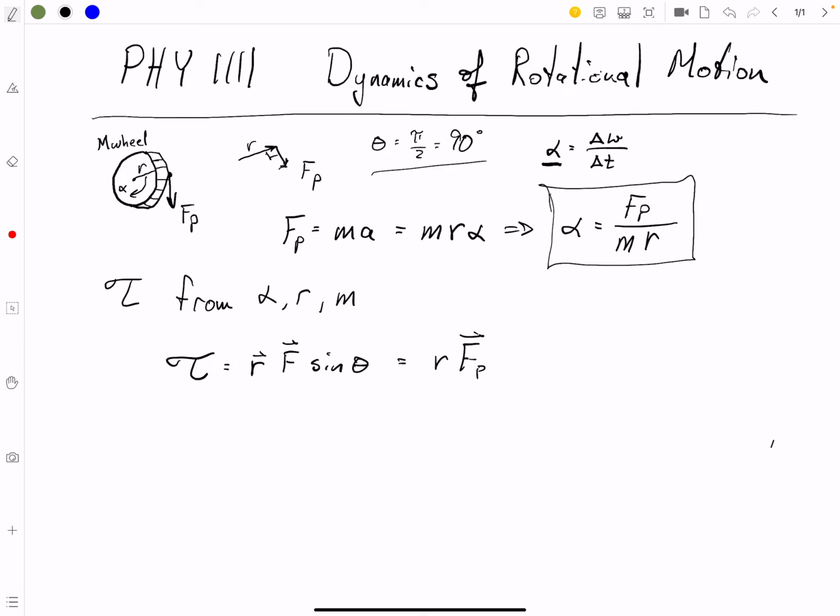So there's our force of the person. Our radius times the force of the person equals our radius times m times r times alpha. So really, our torque is equal to m r squared alpha. That is pretty much what we saw earlier today in class.